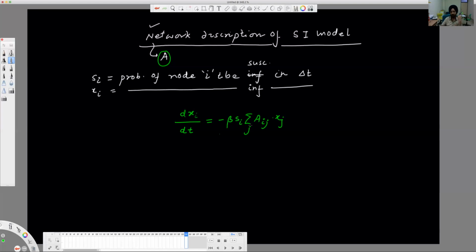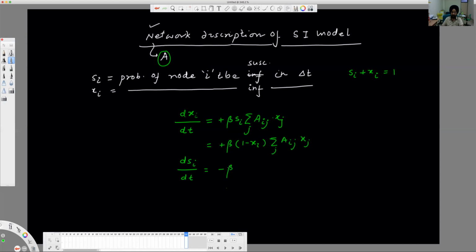Now, in this case also you have Si plus Xi equal to 1. So you can rewrite it in terms of 1 minus Xi here. And likewise you will have dSi by dt given by minus... sorry, this was plus here, right?